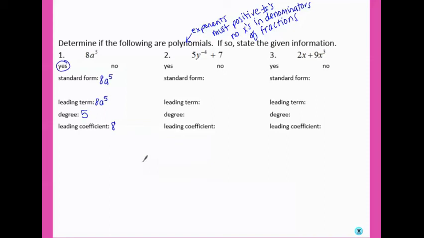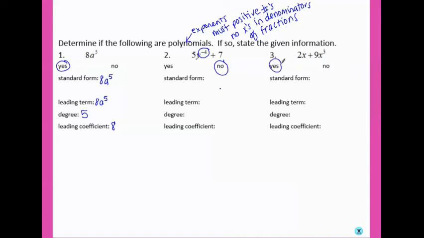Do you think number 2 is a polynomial? Hopefully you said it's not a polynomial, and that's because it has a negative exponent there. And number 3.